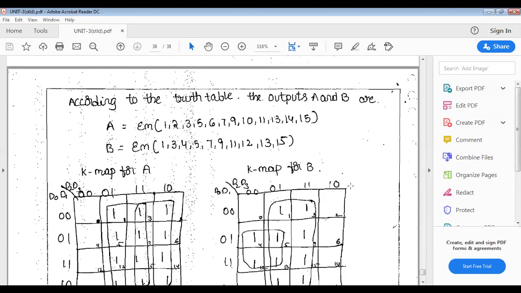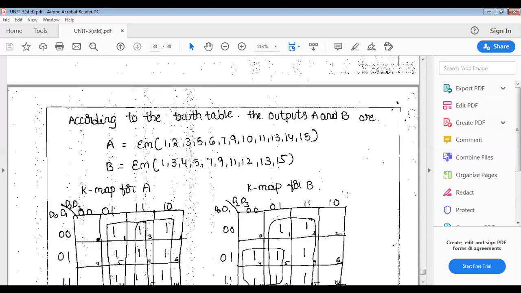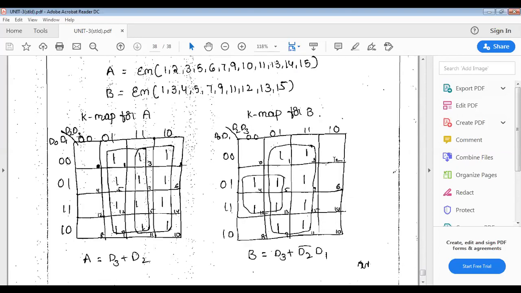Okay, so according to that, the truth table outputs of A and B are: A is equal to the min terms 1, 2, 3, 4, 5, 6 and so on up to 15, and B is equal to 1, 3, 4, 5, 7, 9, 11, 12 and 15.